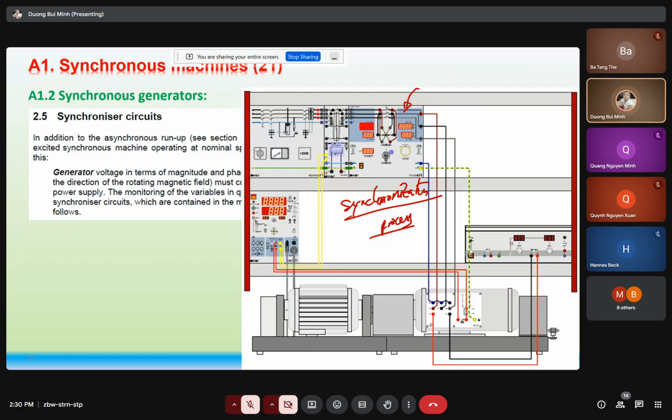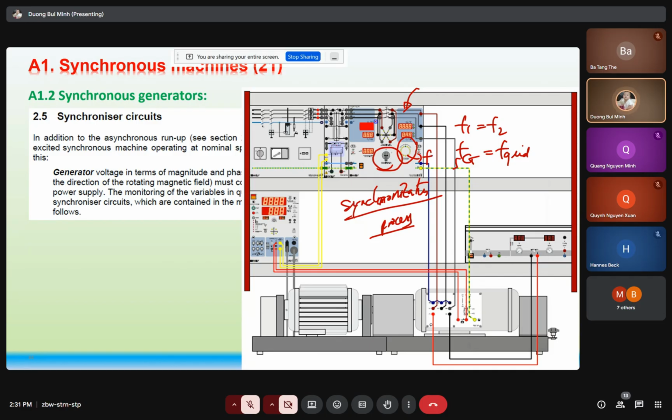Here you can see this section to observe the frequency. So if we have F1 equal to F2, or the synchronous generator frequency equals the grid frequency, right? We can turn this switch from off to on, right? So here we observe the frequencies.